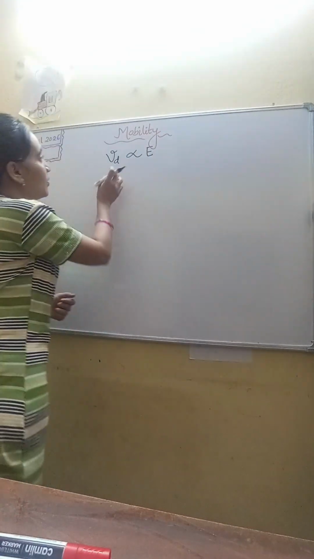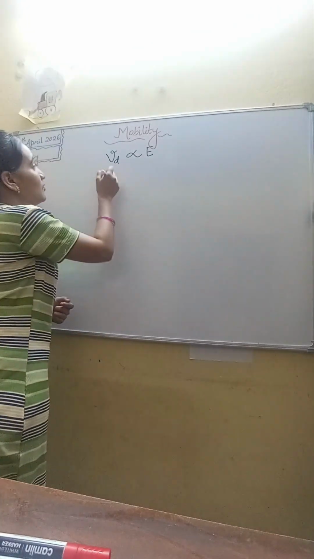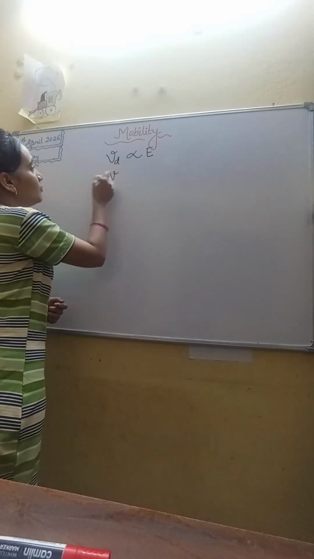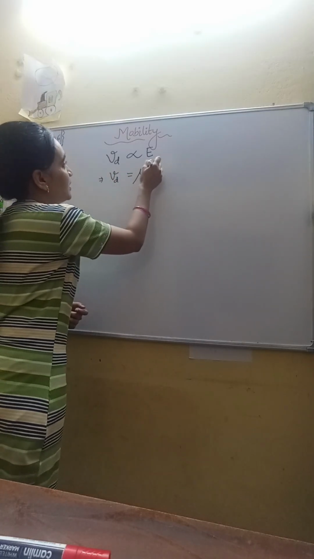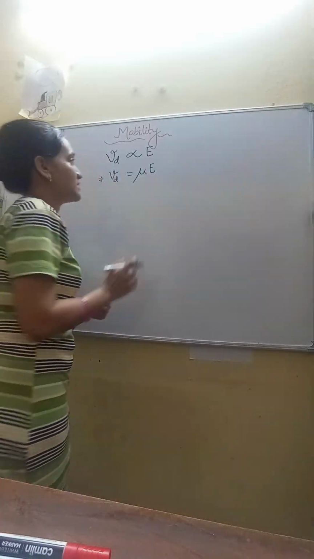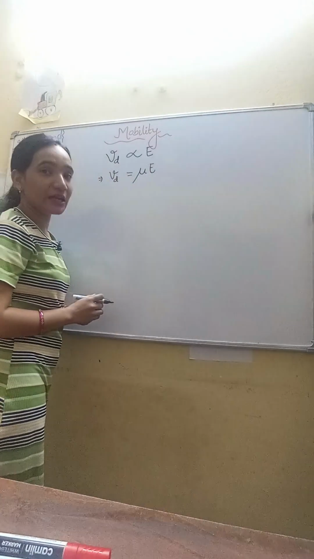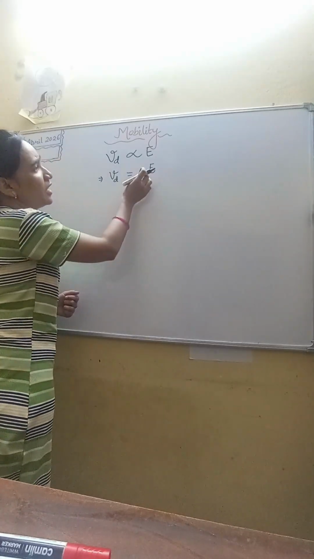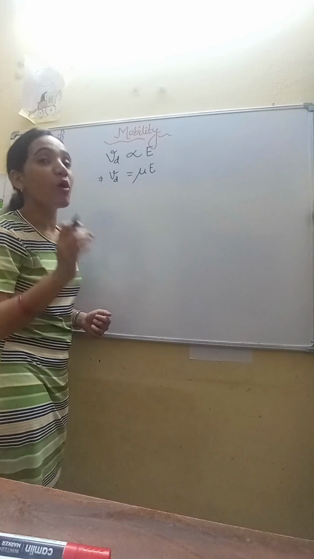Now, if we remove this proportionality sign, we will get VD equals mu E. Here mu is the proportionality constant, VD is the drift velocity, and E is the applied electric field. So here mu, the proportionality constant, is the mobility.